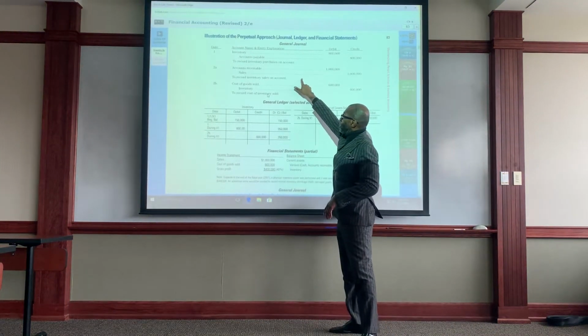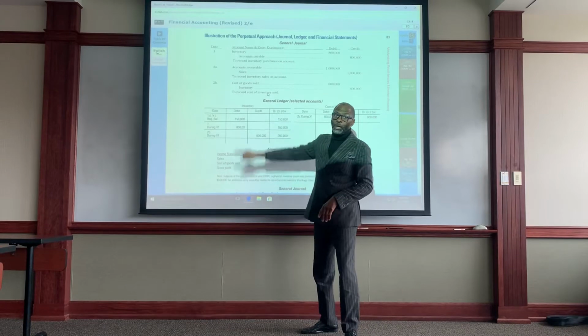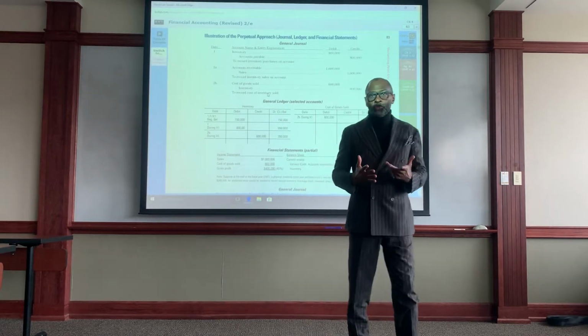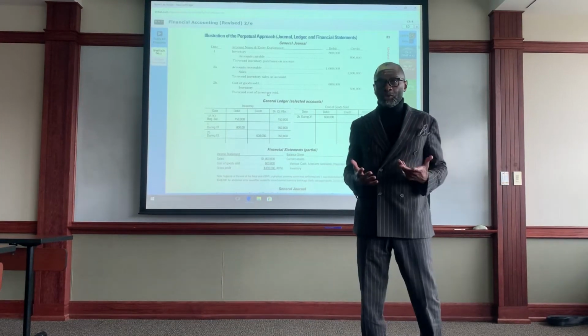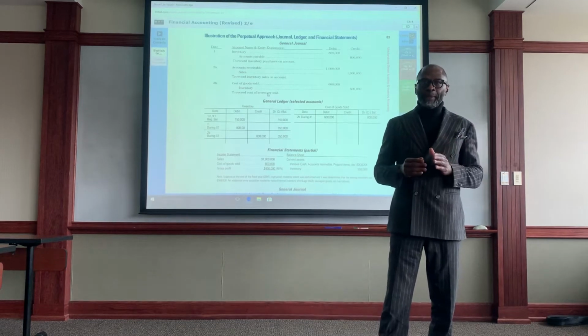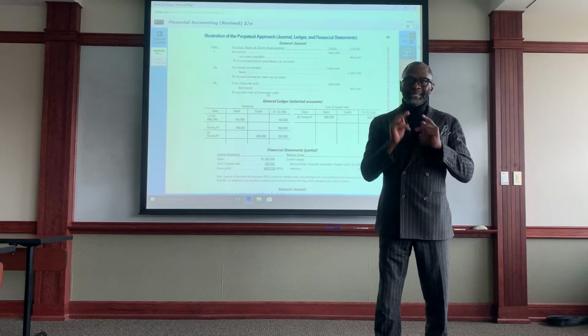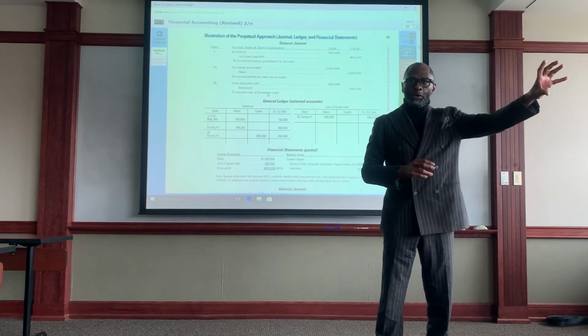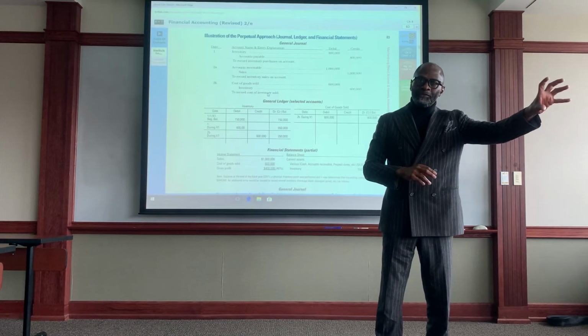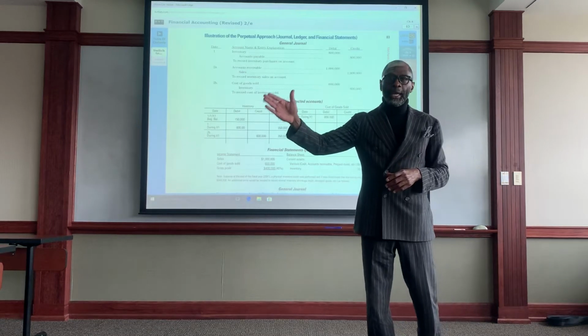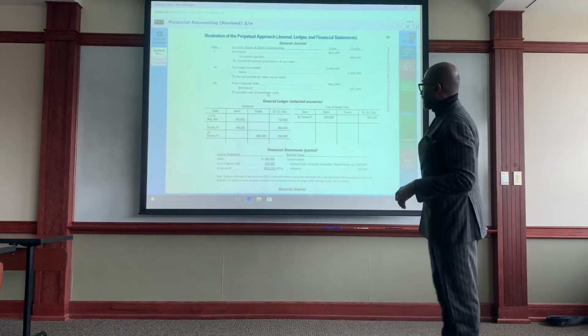And then two, you have to also record the cost of the item that you sell. So under the perpetual method, two things are happening at the time of sale. First thing, record the sale. Second thing is show the corresponding decline in inventory and increase in cost of goods sold as they show it.